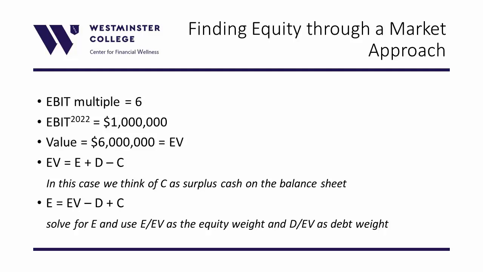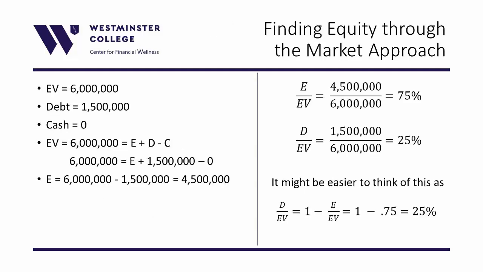Fine. Now, we still don't have the percentage of that that's equity. But if I subtract from that the value of the debt, I am left with the value of the equity. And if I know the value of the equity divided by the value of the entire asset, then I know what my percentages are. So let's assume the debt is $1.5 million. We already identified a $6 million overall value for the asset.